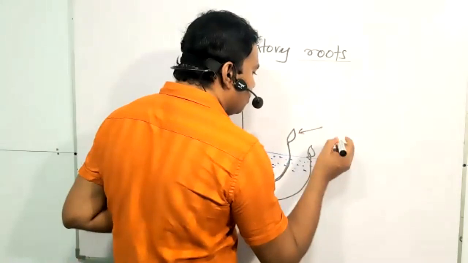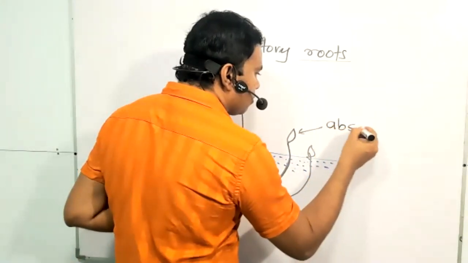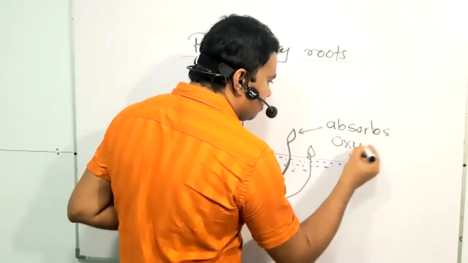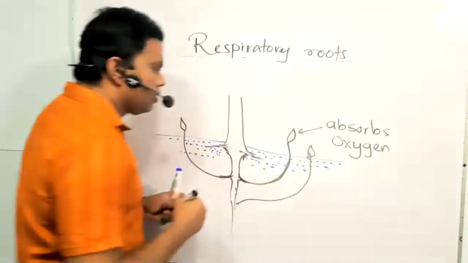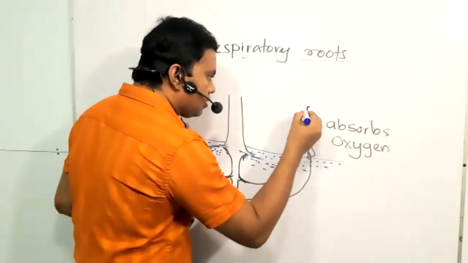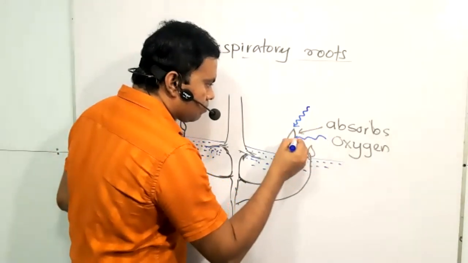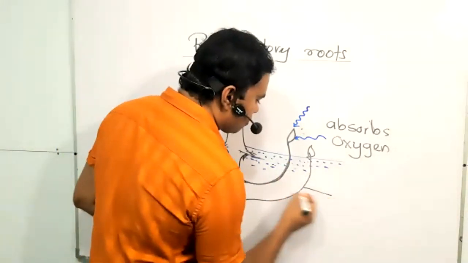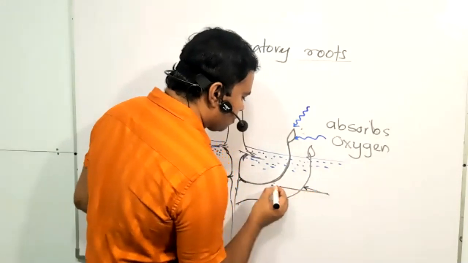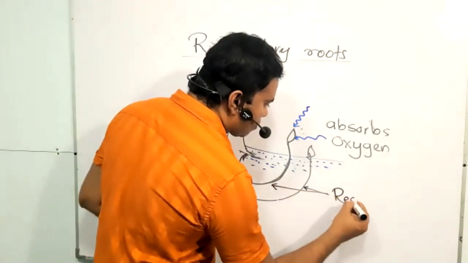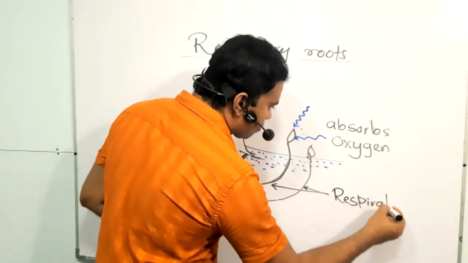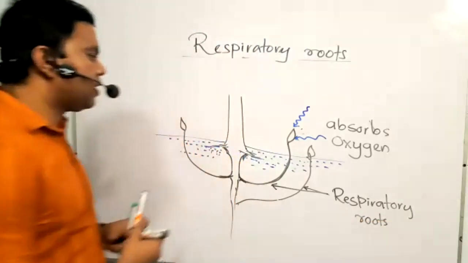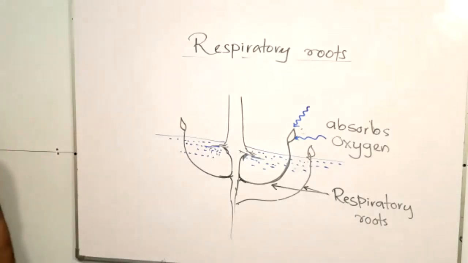So it absorbs oxygen. So these roots are known as respiratory roots. Okay, now draw it.